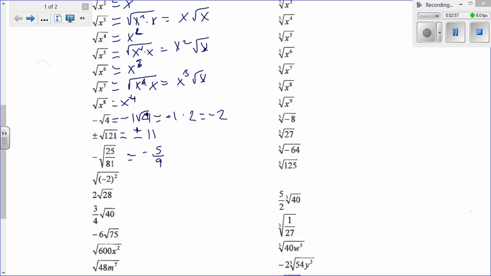And for the next one, I have negative 2 squared under the radical, and the square root and the radical simply cancel each other out.